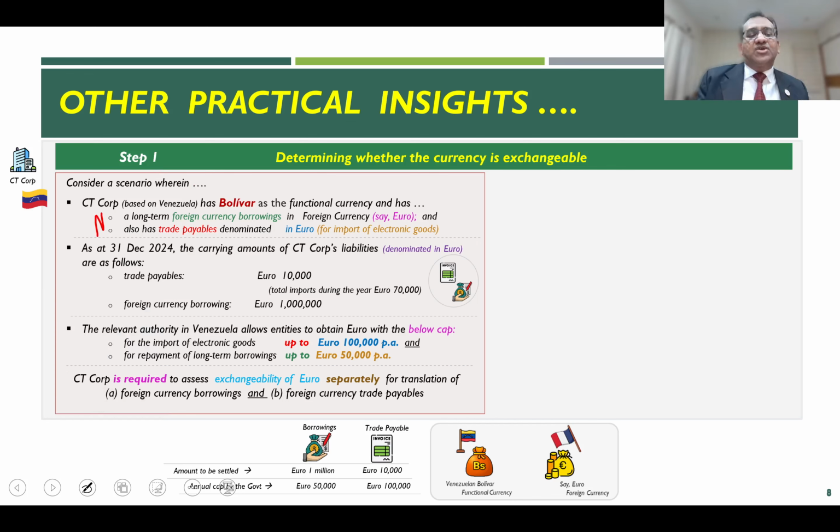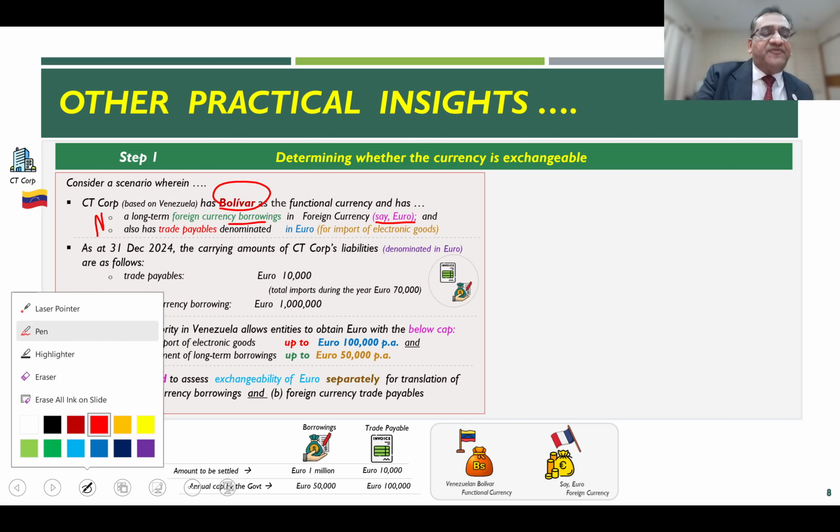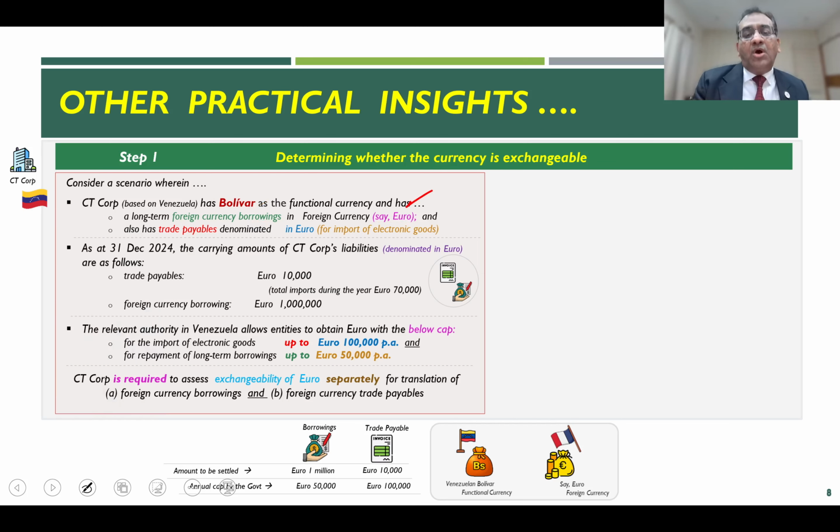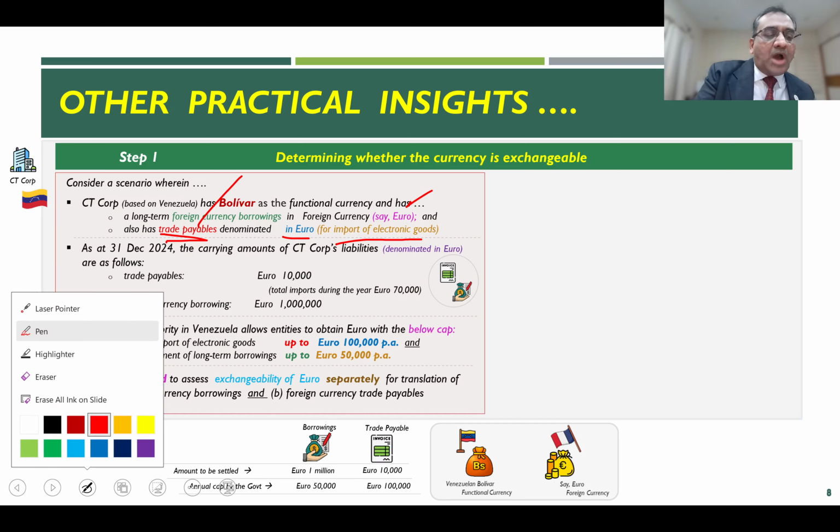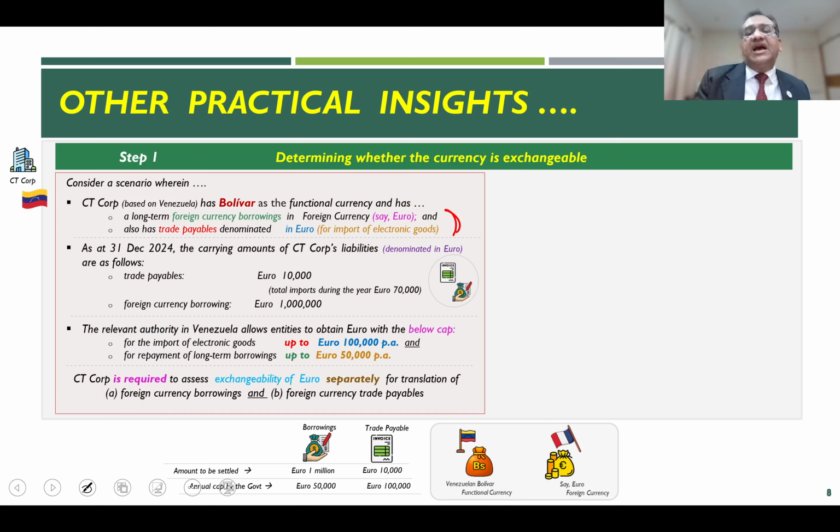It has long-term foreign currency borrowings denominated in euro, and apart from that, it also has a trade payable, which is also denominated in euro, and this trade payable arises on account of import of, say, electronic goods. So these are the 2 items on the balance sheet of Citicorp, which is operating in Venezuela with Bolivar as the functional currency.